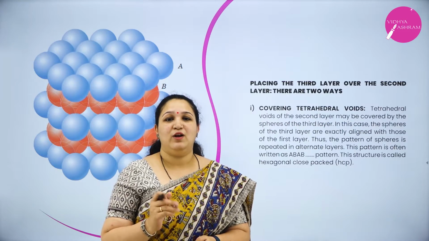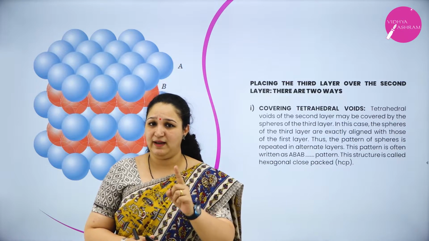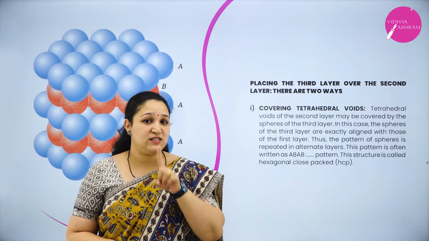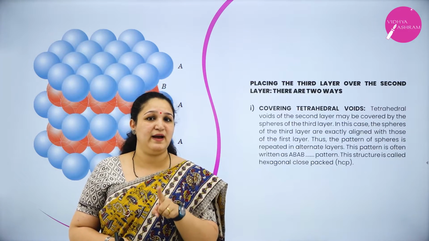Now we will see what it is in 3 dimension. I took a hexagonal layer, one layer, I took the second layer. Now we are talking about the third layer. In third layer placement, it can be again of 2 types. Don't get confused. Again I am telling, in 3-dimensional we have taken hexagonal close packed layers.